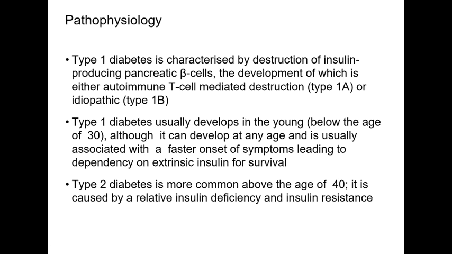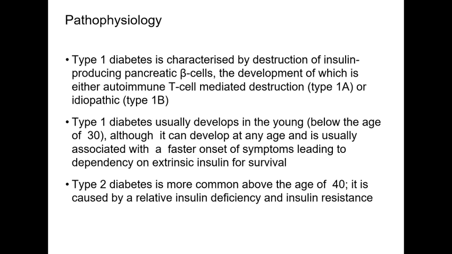And it usually develops in young people, that is those below the age of 30 years develop type 1 diabetes mellitus. So often we see that even small children less than 5 years of age can be diagnosed with type 1 diabetes mellitus because they inherently somehow do not produce insulin to the desired levels.